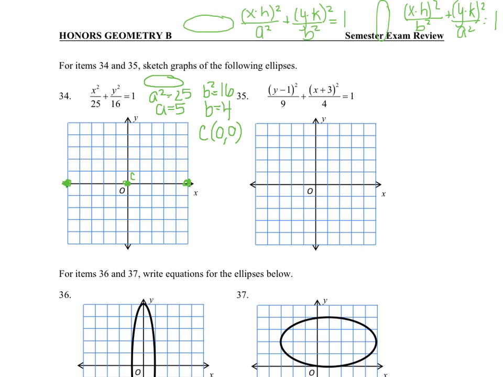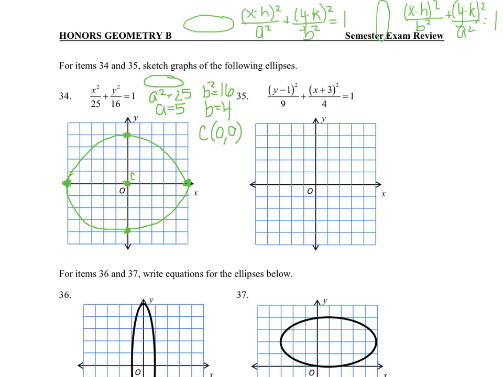Then I need to plot my co-vertices, which is my minor axis. So I need to go up 4 units and down 4 units, and those are my co-vertices. So I can plot my ellipse, and it's going to look like that. Obviously, it's just a sketch. Mine looks more like a football than an ellipse, but that's okay.